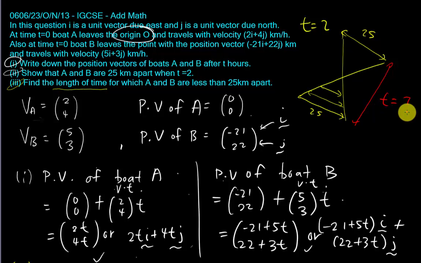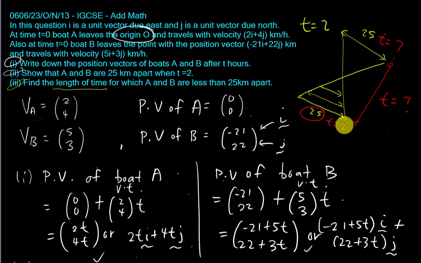At the beginning, when t equals 2, they are 25 km apart. I just need to find when the particles will be 25 km apart again, find that time, and then subtract t equals 2, and I can easily get my time.